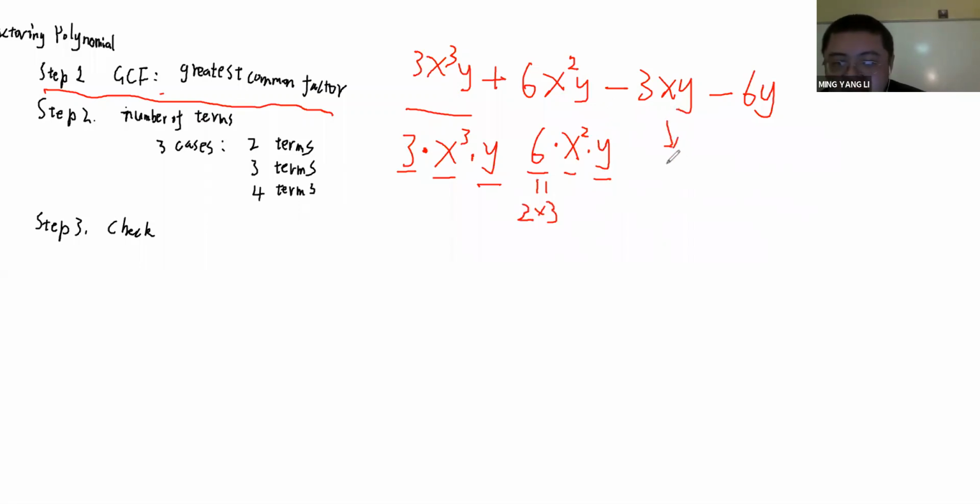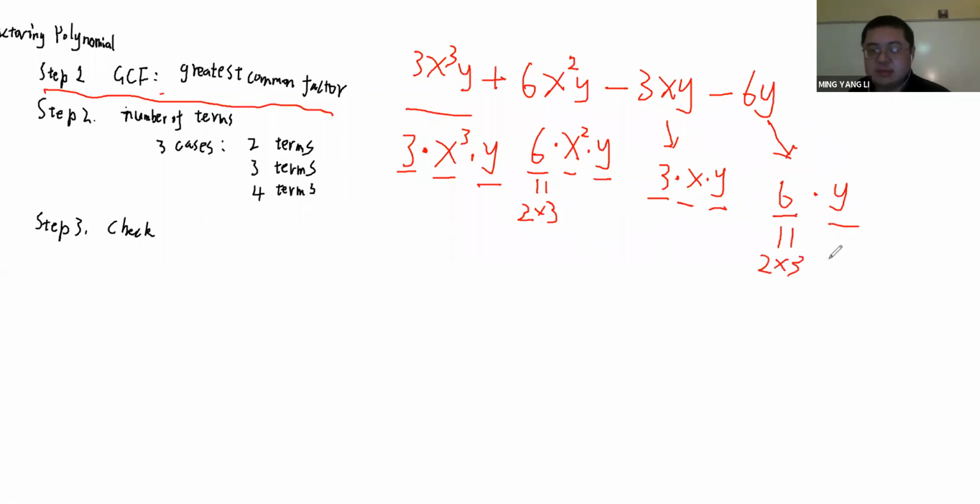The third is 3 times x times y, also 3 parts: the number part 3, first variable x, second variable y. And the last one is 6y, so it only has 2 parts, the number part 6 times the variable part y. Again, 6 can be written as 2 times 3.